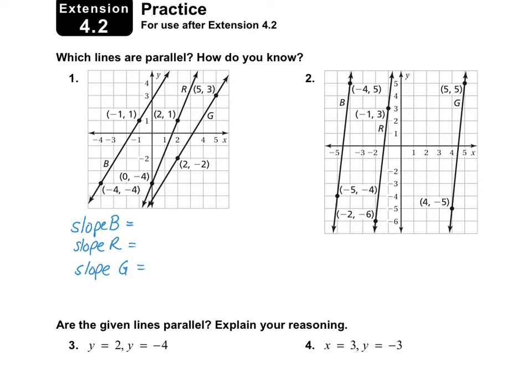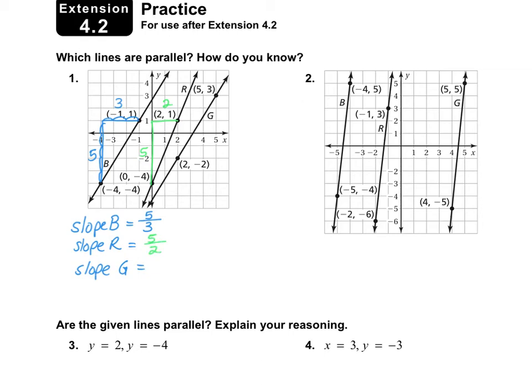For the slope of line B, we can either use the slope formula, or since this is on a graph, we can count. If I make my triangle, I can count up and over: 1, 2, 3, 4, 5 up, and 1, 2, 3 over. This is a positive slope, so it's up 5 and over 3. On line R, we go up 1, 2, 3, 4, 5, and over 1, 2, so this is a slope of 5 over 2.